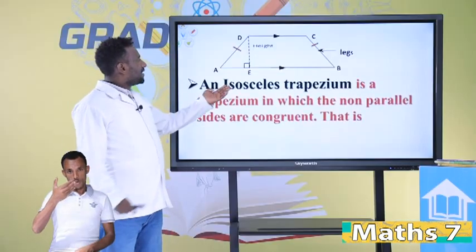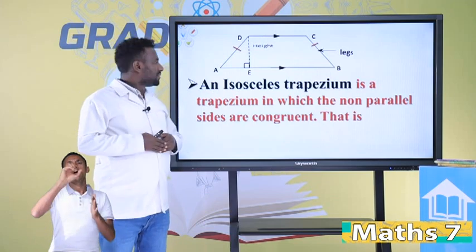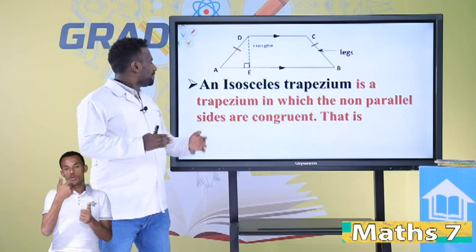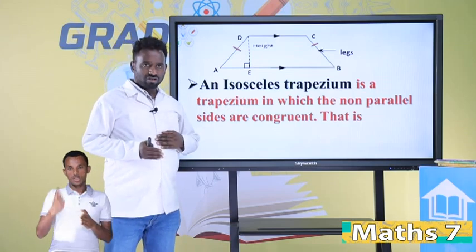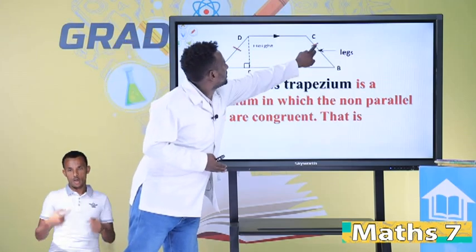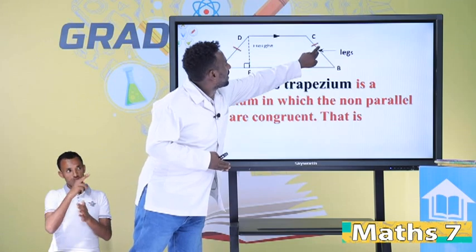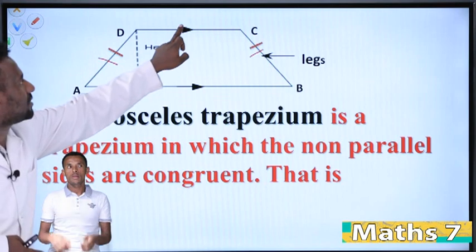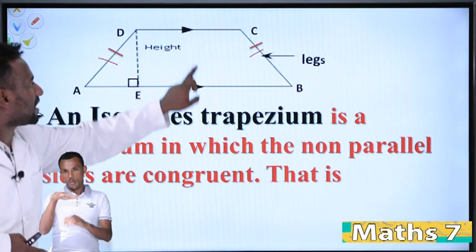Good. What does it mean, an isosceles trapezium? An isosceles trapezium is a trapezium in which the non-parallel sides are congruent. The non-parallel sides are this one and this one, while the base above is parallel.